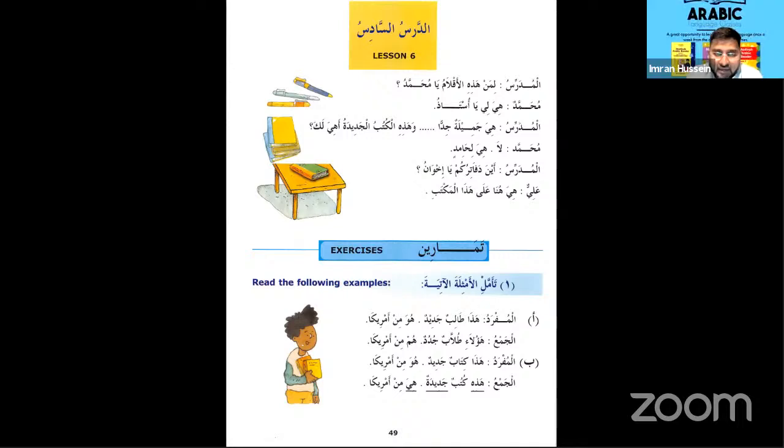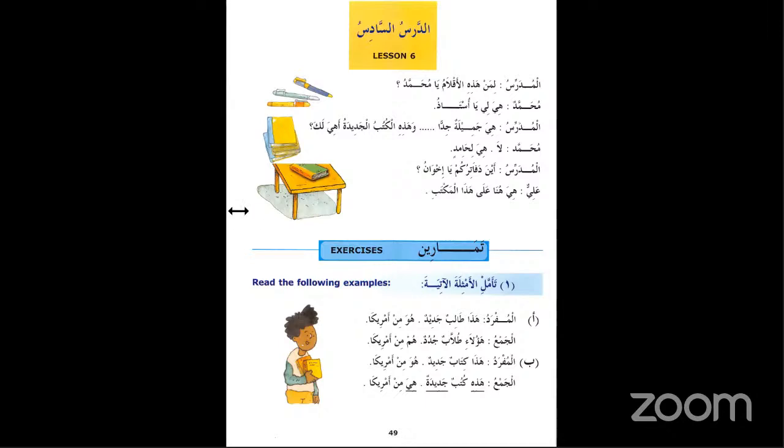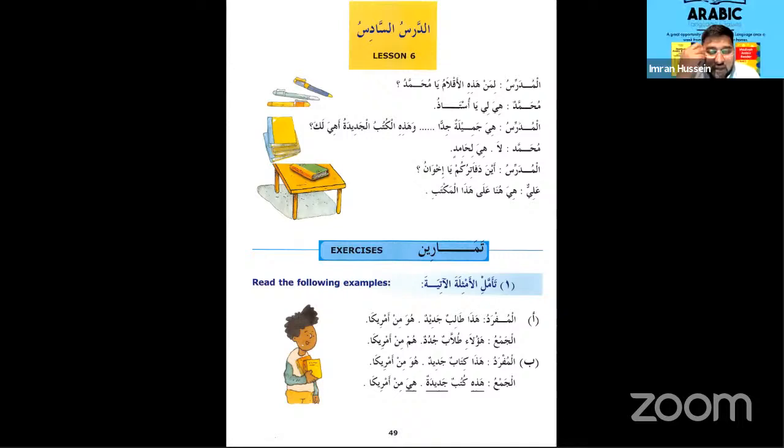Sister Tahira, hand up. Yes, go ahead. Yes, Sheikh, I'm looking at lines 1 and 2 on top. When we say liman hadhil aklamu ya Muhammad, the answer is hiya liya ustadun, ya ustad. So if I want to say liman hadhil banatu, can I say liman hadhi?